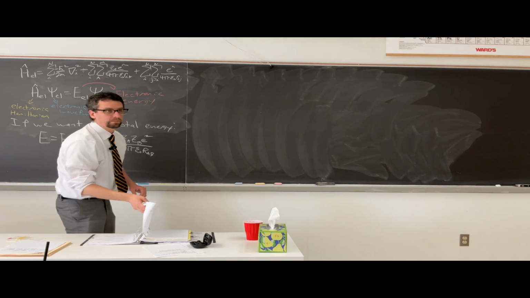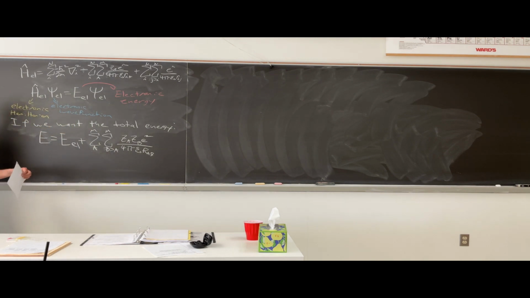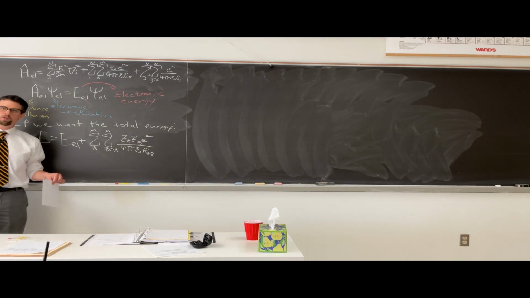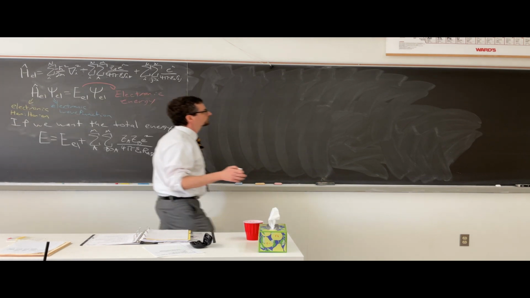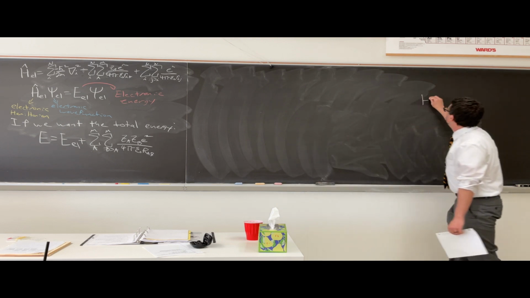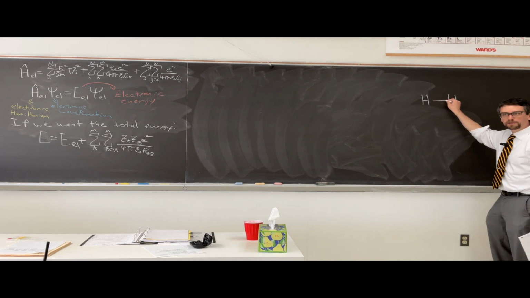Okay. But really, when we're concerned with molecules, what do we want to know about those molecules? Like if I have H2, what do you want to know about them? Yeah, how they interact. Is there a bond here or isn't there?